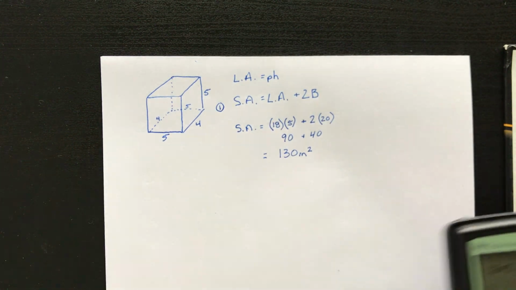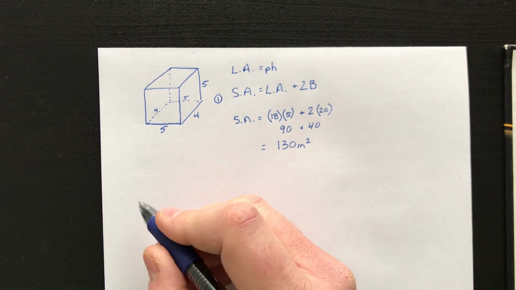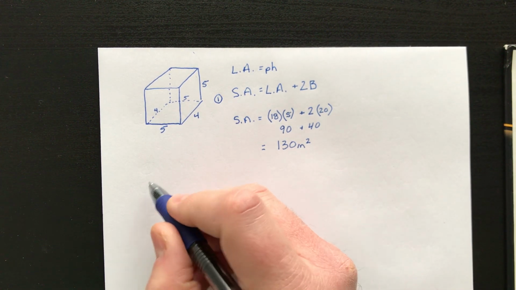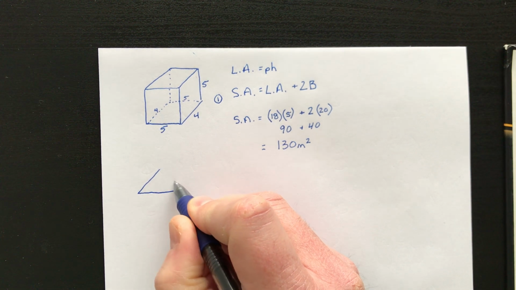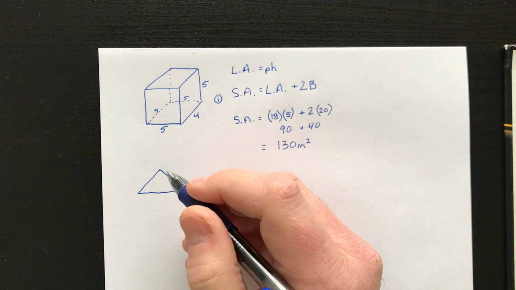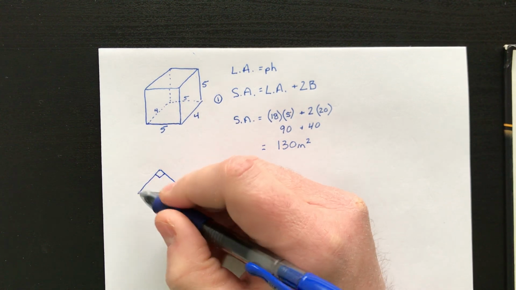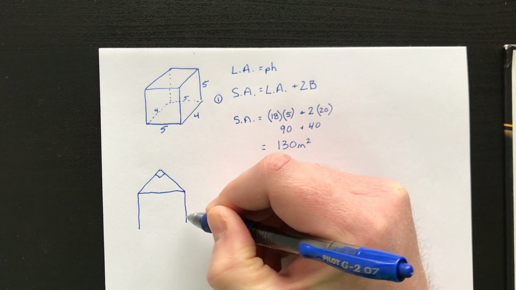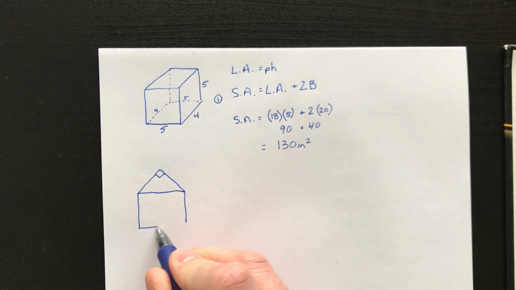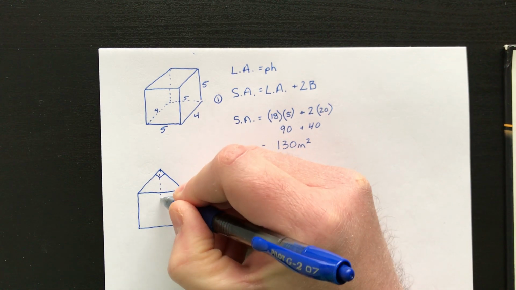Now, number 2, I really like number 2 because it brings in a bunch of different things that we've already learned. So we have our triangle, and this comes down like this, this comes down like this, this comes across.